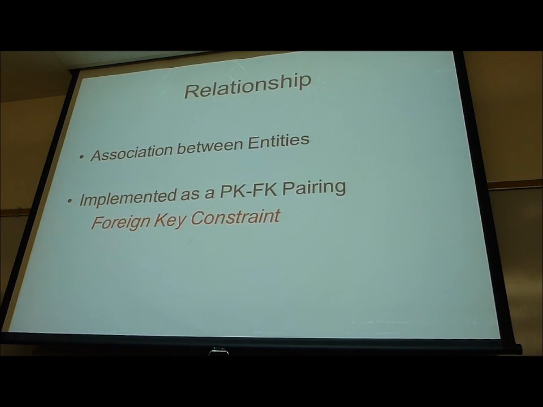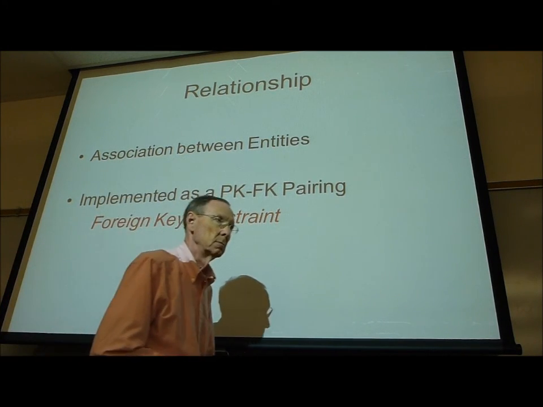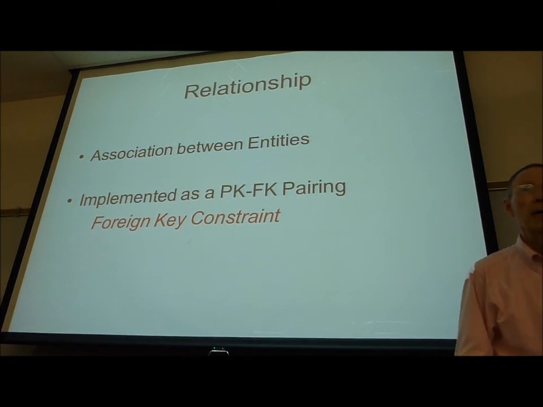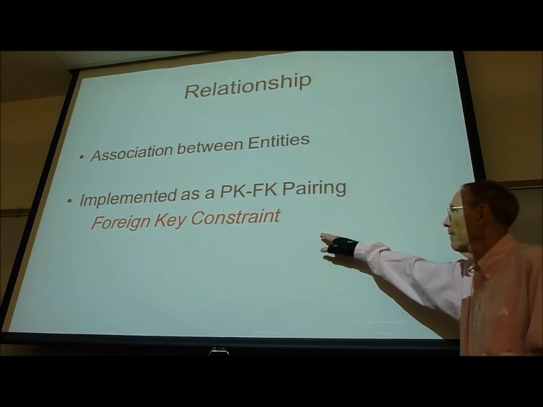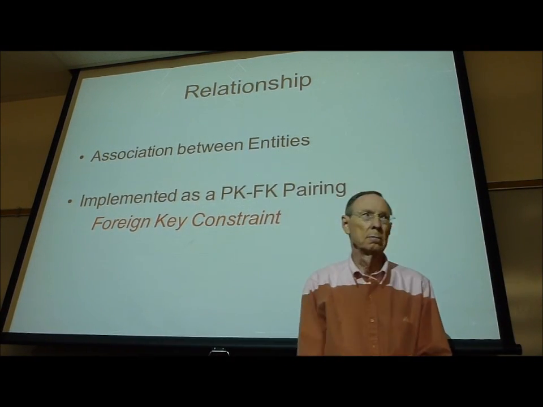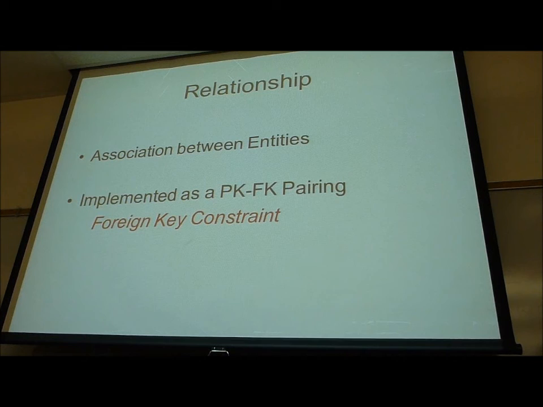Now, the association between entities. How do they relate to each other? The way we establish that relationship is the foreign key constraint. And this is the part where we get the semantics. In other words, a customer doesn't relate to an office. That wouldn't make any sense. A customer doesn't relate directly to a product, only indirectly through an order.